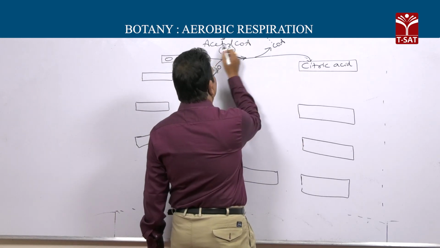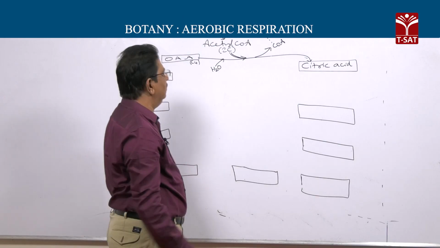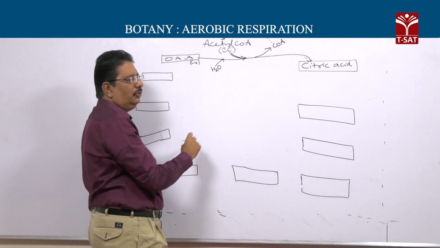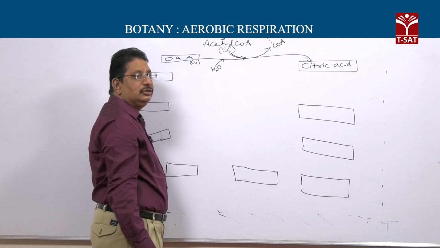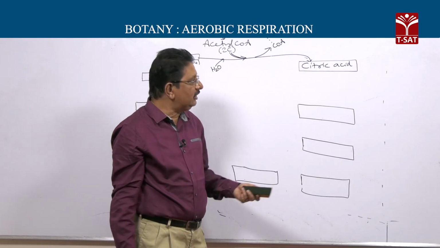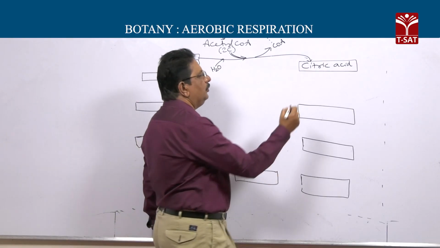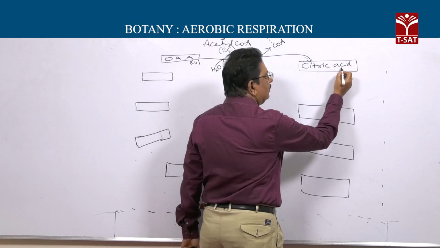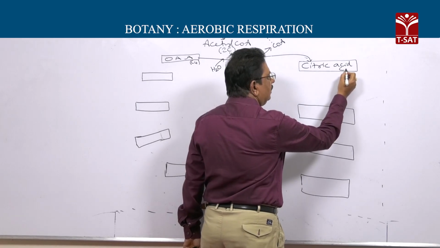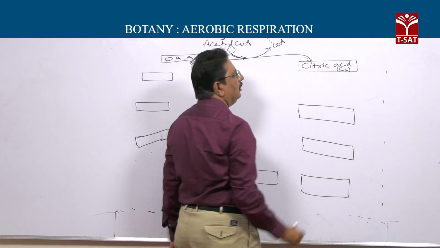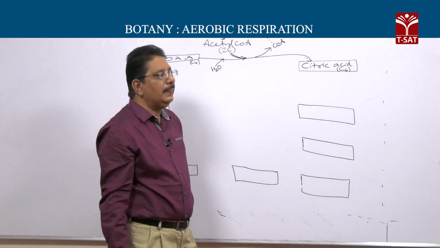So basically the two reactants of this reaction, one is a C4 compound, another is a C2 compound. So one would expect a compound having 6 carbons. So a C6 compound called citric acid.